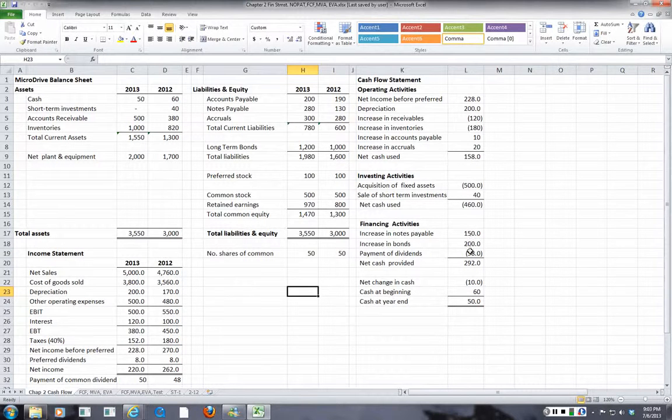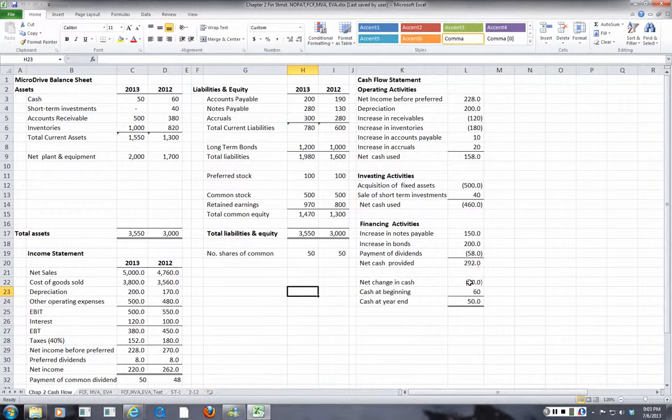So that's $350,000. And then the cash flow coming in from the operating activities allowed them to invest in this acquisition of fixed assets.